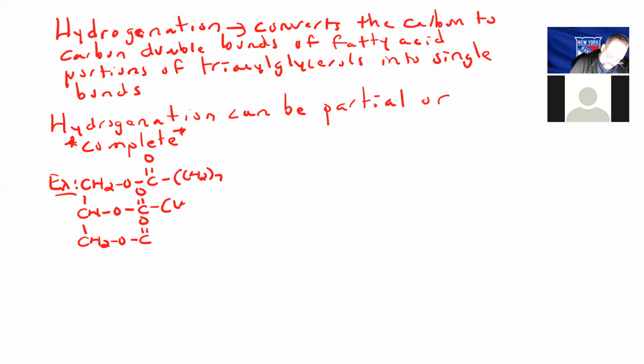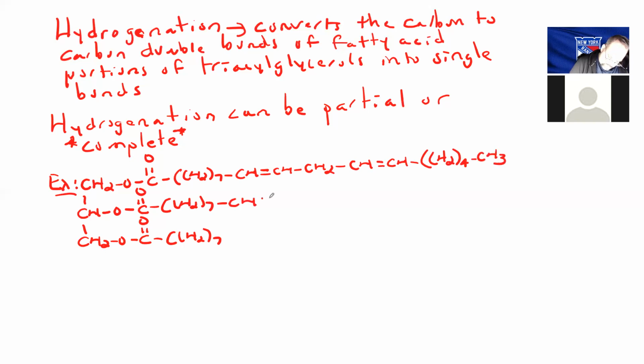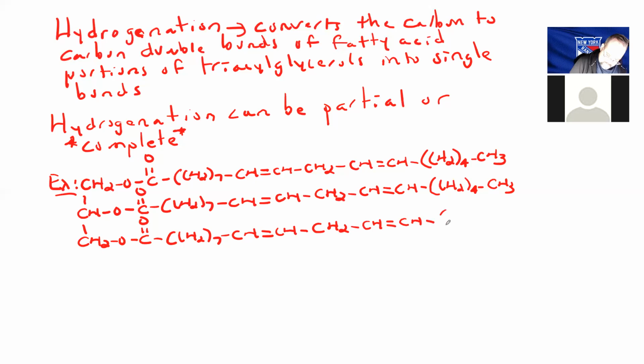CH2 7, CH2 7, CH2 7, and then CH double bond CH, CH2, CH double bond CH, CH2 4, CH3, CH double bond CH, CH2, CH double bond CH, CH2 4, CH3, and CH double bond CH, CH2, CH double bond CH, CH2 4, CH3.